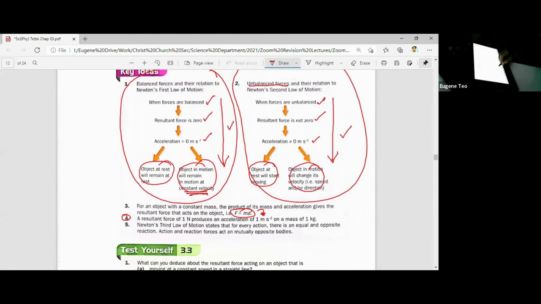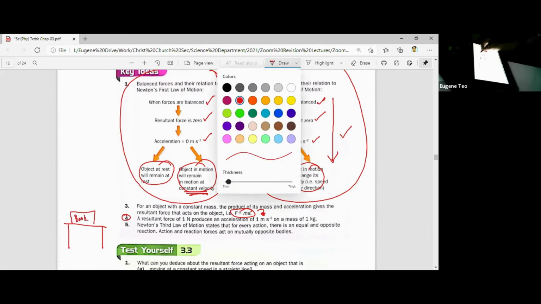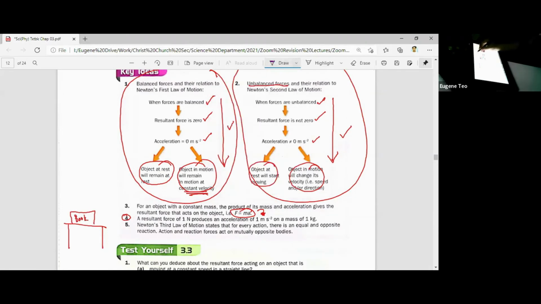Last one is Newton's third law. It states that for every action, there's an equal and opposite reaction. So another classic example, I got a book placed on the table. Because the book has weight, the book is exerting a downward force on the table.